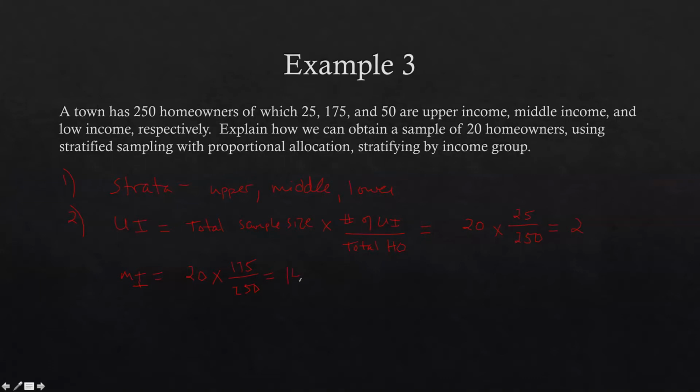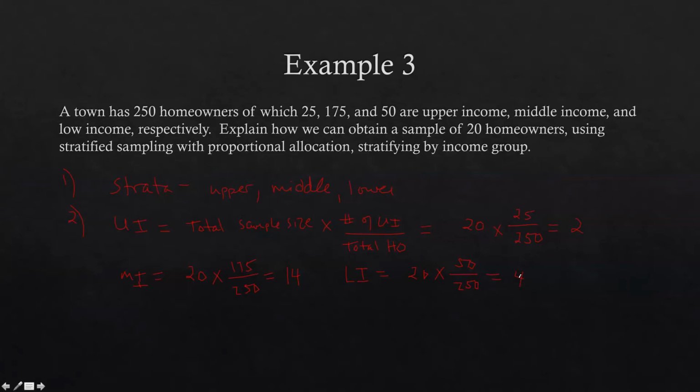So we're going to take a sample of 14 from the middle income strata. All right, let's do the lower income strata. That's 20 times 50 over 250, which is going to be 4. So we're going to take a sample of 4 from the lower income strata.